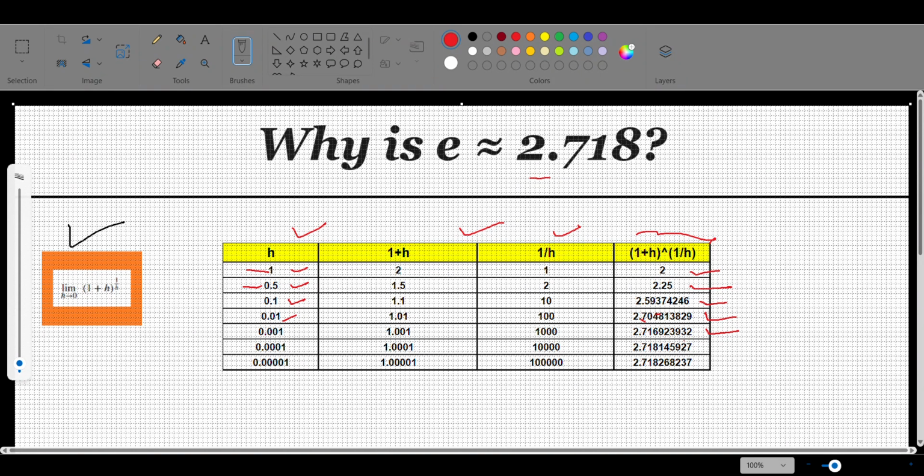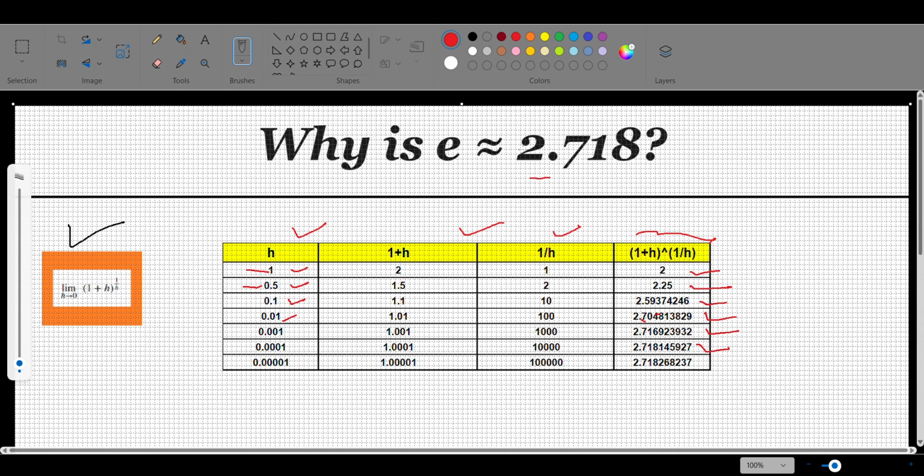We are so close to 2.718. So let's decrease h even further and make it 0.0001. And this time we get our number that we approximately know of. We get 2.718 over here.